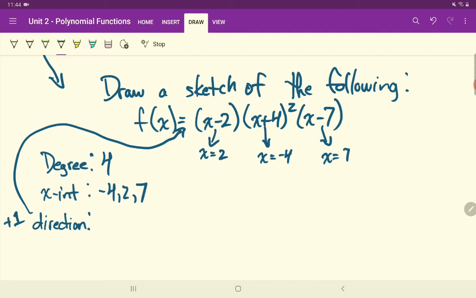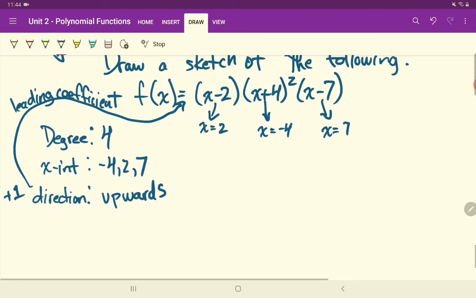So if my leading coefficient is +1, it must be opening upwards if it's a degree 4 equation. Okay? And now I think we're ready to do a rough sketch here.